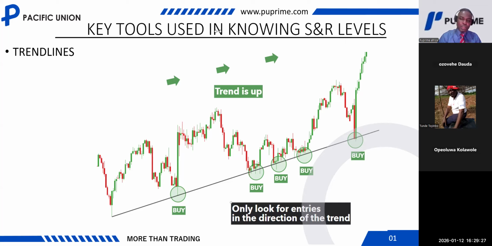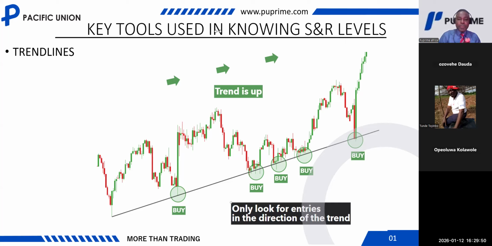But if I would try to reason it, I would say you may use the 4 hour to identify the trend, and you can use a lower time frame like 15 minutes to make your entry, depending on your strategy. Now, take note, I've not taught strategy here today. I'm only showing you how to use the characteristic of price and trend lines, and how you can use that in analyzing the market.